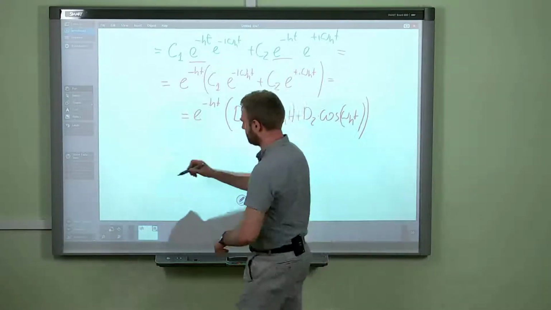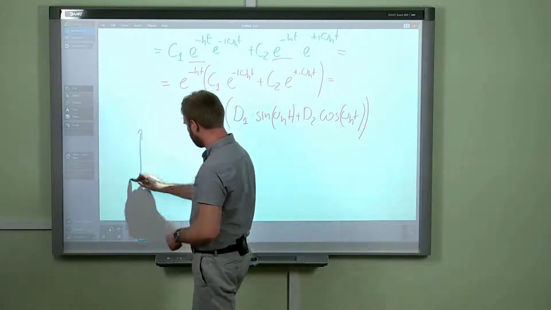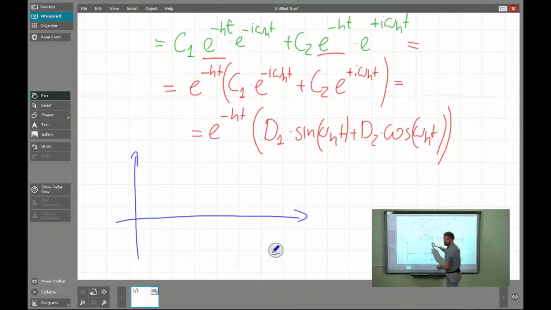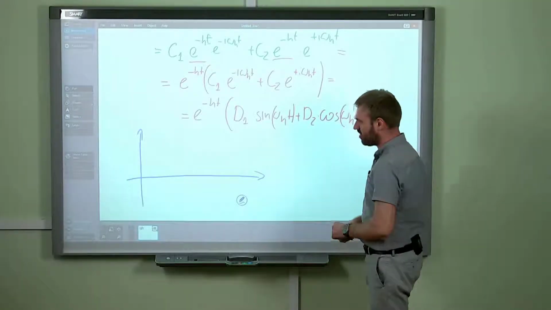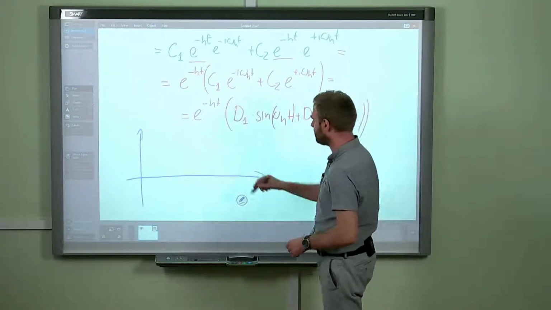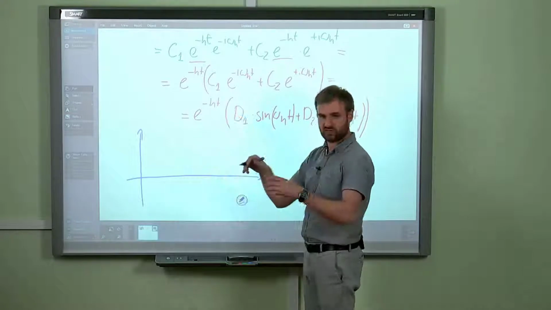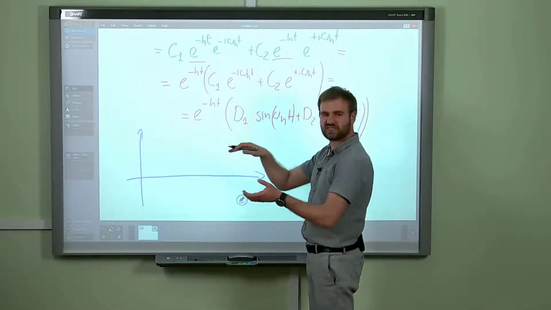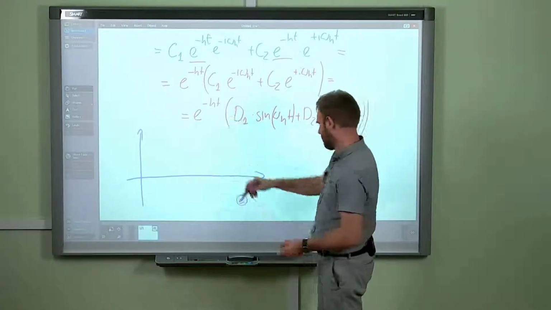We can also make a plot of that function, and we see that it will have a sine component, which gives the periodic changes of the function, and also something which constantly decreases the amplitude of our vibration.